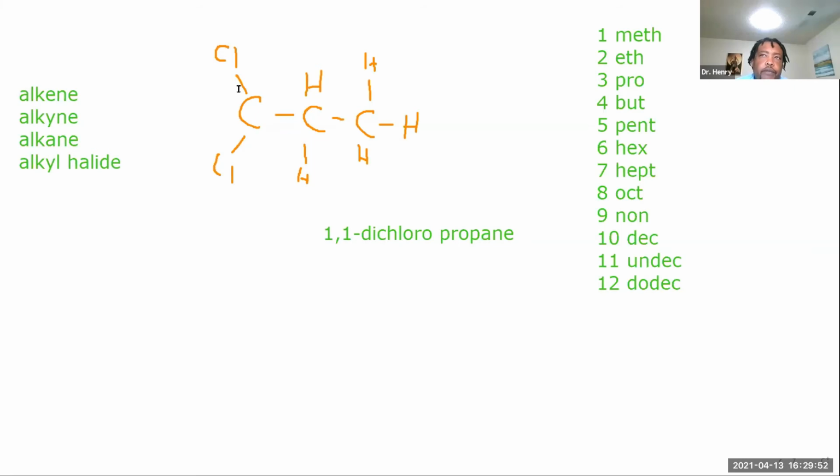On that first carbon, we have the functional groups, and 3 carbons. If it's chlorine, then it's chloro. If it's fluorine, it's fluoro. If it's bromine, it's bromo.